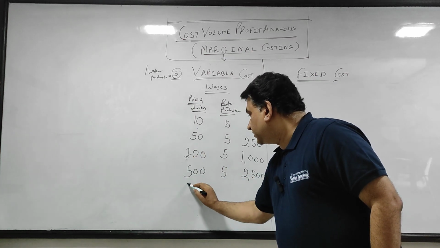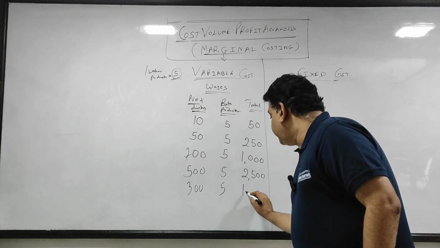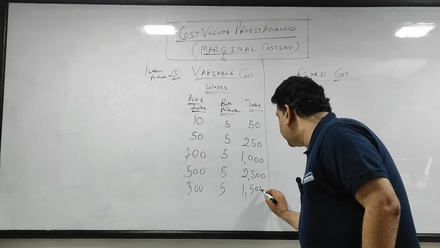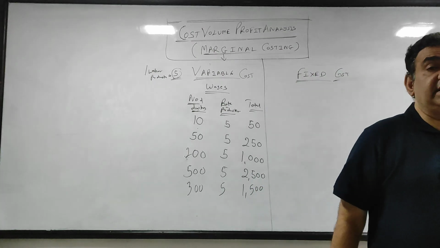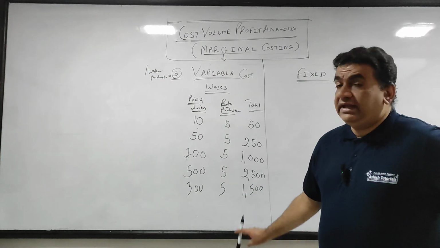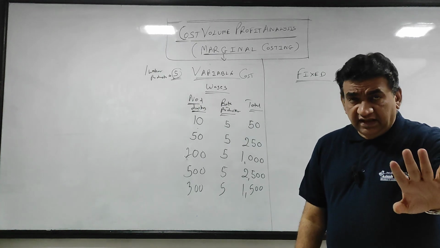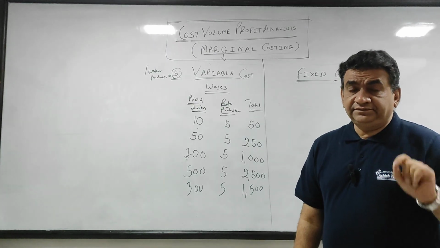Let me reduce it to 300. 300 into 5, how much? 1500. Getting it? 300 into 5 gives you 1500. Clear with this?